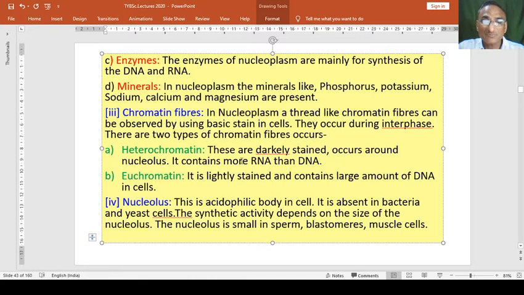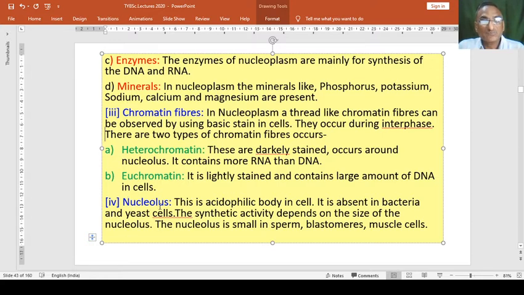Heterochromatin are darkly stained bodies present in the nucleoplasm that occur around the nucleolus of the nucleus, and they contain more RNA than DNA. Euchromatin is the other type of fiber, lightly stained, and contains a large amount of DNA. So heterochromatin is RNA containing body in short, and euchromatin is DNA containing bodies present in the nucleoplasm.